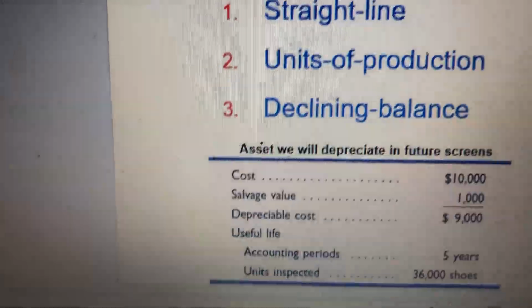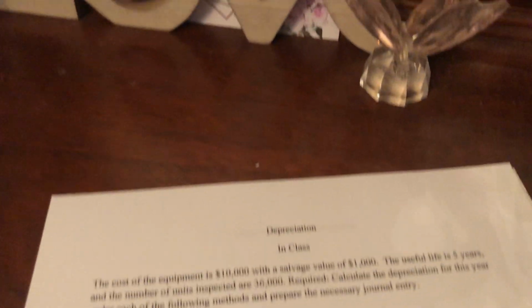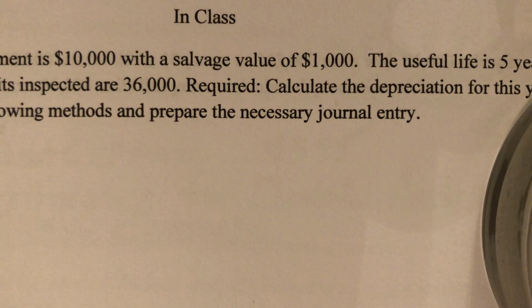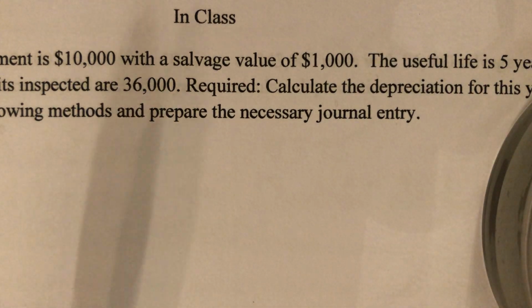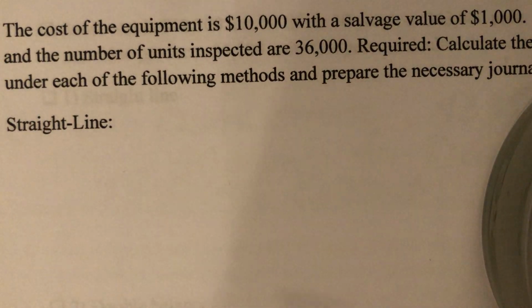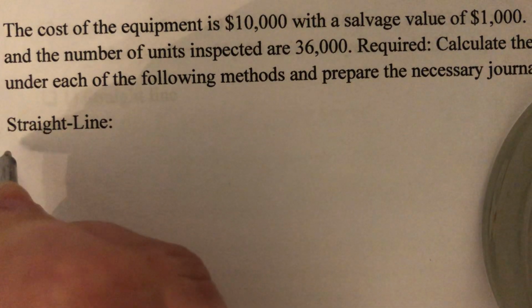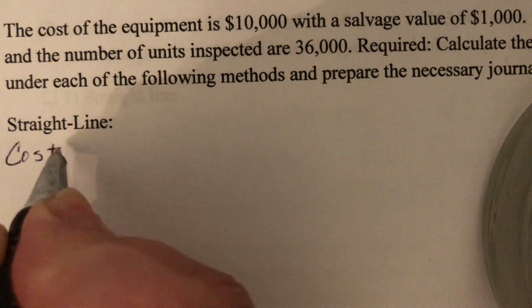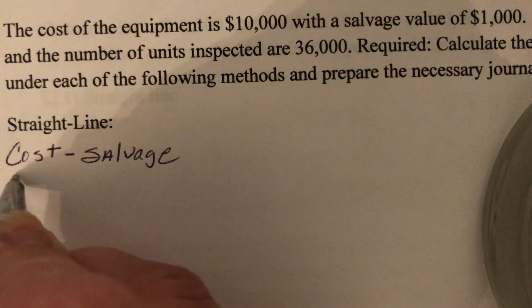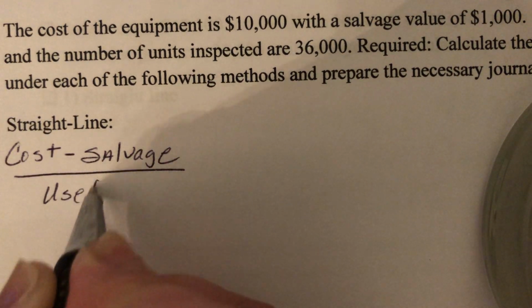So let's go to our problem, and I have it down here. We want to work it, starting with straight line, which is the easiest one. And this is the same information that's on this PowerPoint slide. Okay, so under the first method, straight line depreciation, this is the easiest, the most commonly used. What you have here is you want to take your cost minus your salvage value, and divide that by the useful life.